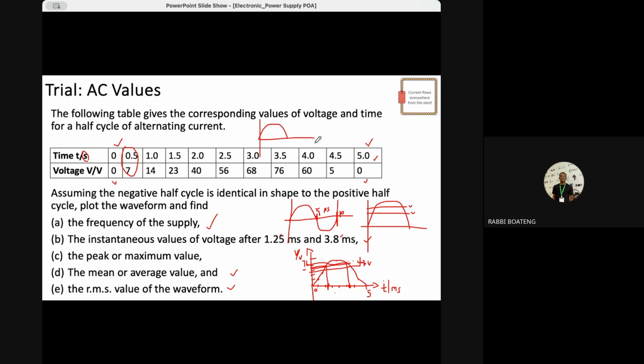The question said the positive is the same as the negative, so I can draw a negative here. If this place is 5, this end will be another 5, making 10.